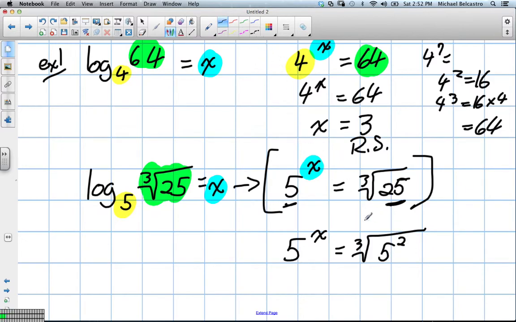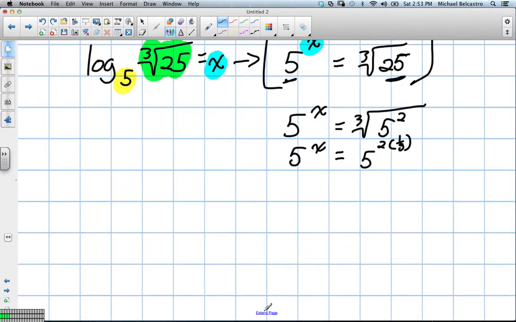Well, how can I rewrite the cube root as an exponent? Do you know? As a fraction. That's right. It becomes what fraction specifically? 1/3. So what this says is 5 to the x is equal to base 5, 2 times 1/3 in the exponent.